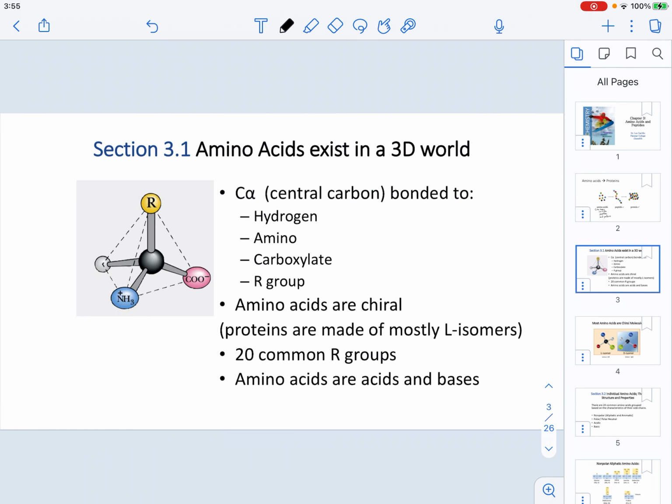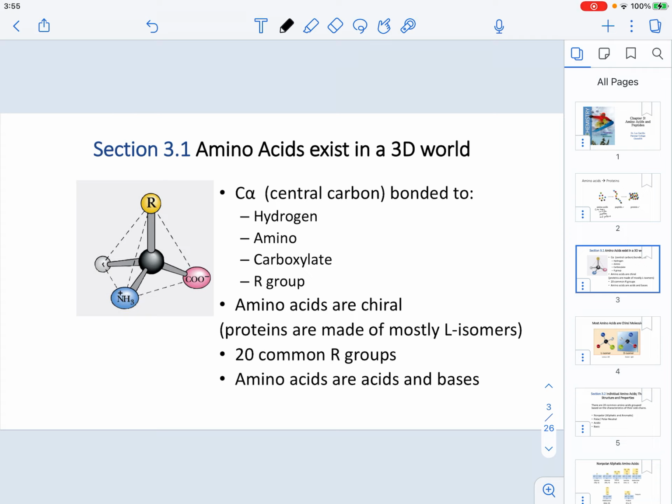First, we are going to be going over section 3.1, which discusses how we observe these amino acids in a 3D world. So when we think about the amino acids, the word amino acids is because these basic units for proteins have some familiar functional groups from organic chemistry.